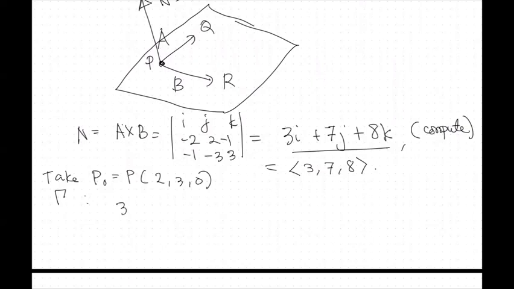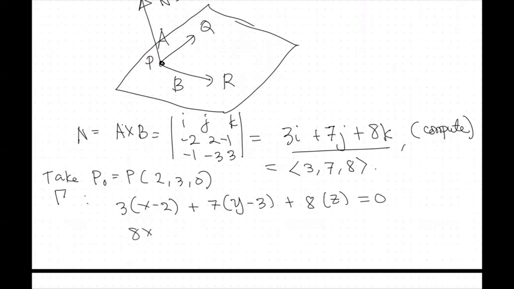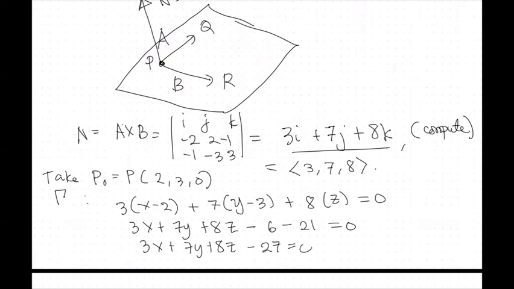And we have 3 times x minus 2 plus 7 times y minus 3 plus 8z equal to 0. So 3 times x is 3x plus 7y plus 8z, and then minus 6 minus 21 equal to 0. So you have 3x plus 7y plus 8z minus 27 equal to 0.